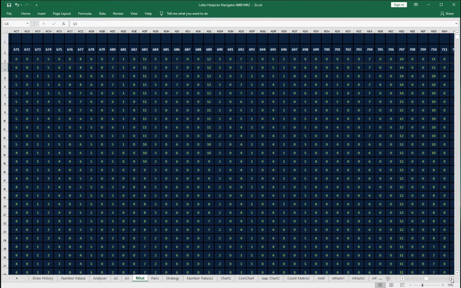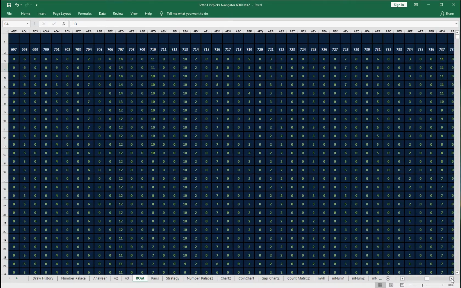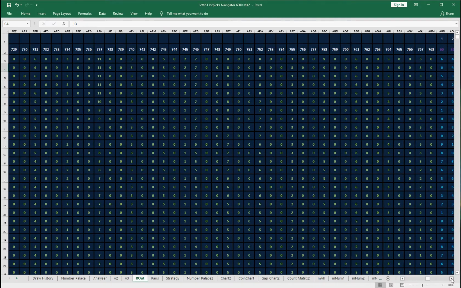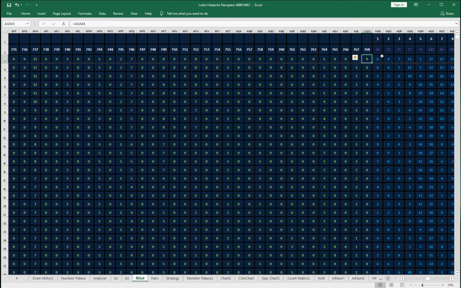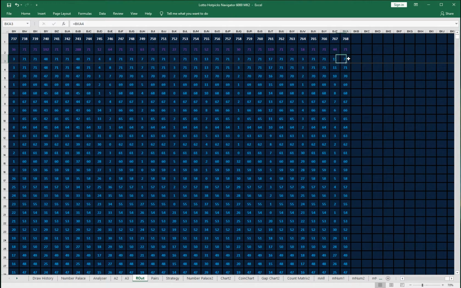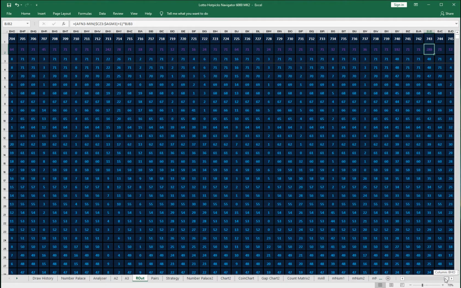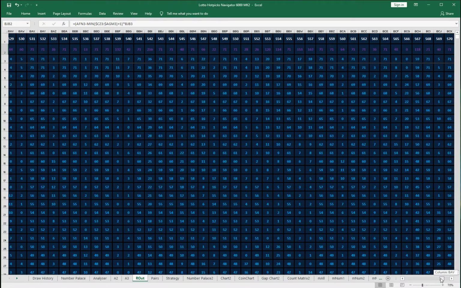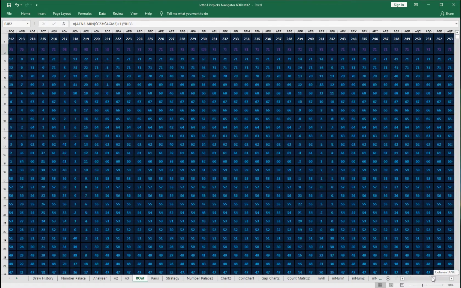So I can count how many times a coincidence has occurred at each position on the analyzer, and also measure how long it's been since a coincidence last occurred at each position. And I can work out how overdue an occurrence is for its frequency at each position on the analyzer.